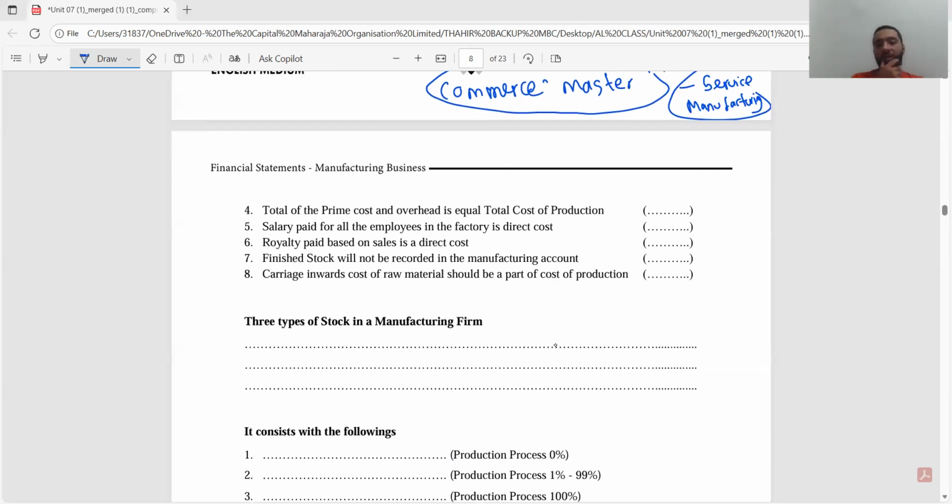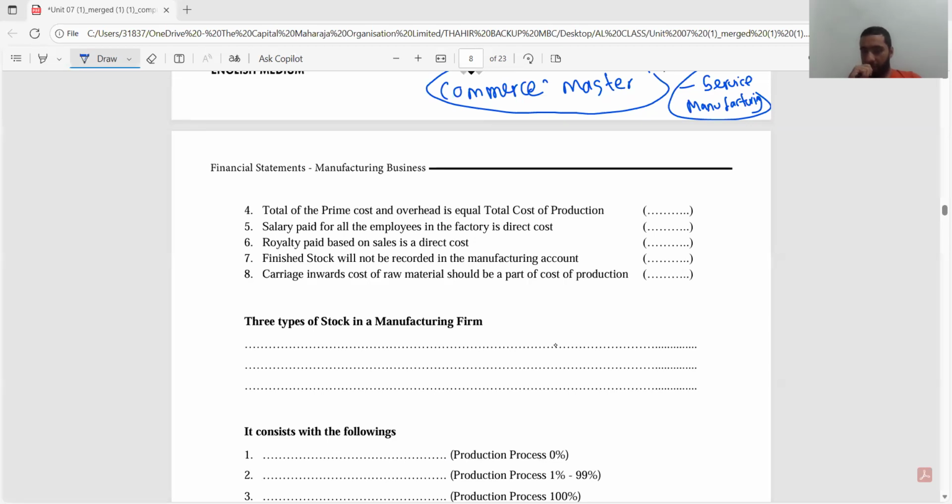Total of the prime cost and overhead is equal to total cost of production. Why is this wrong?